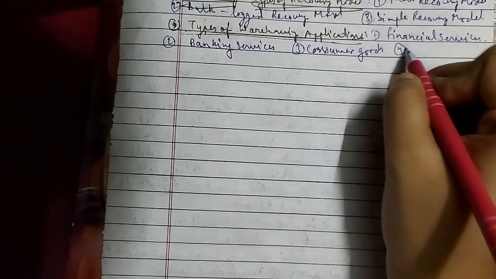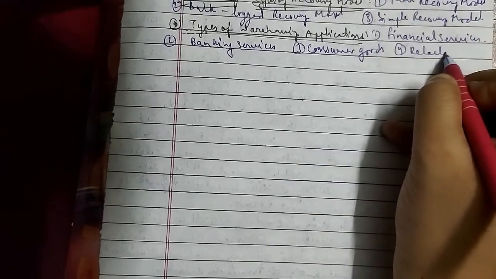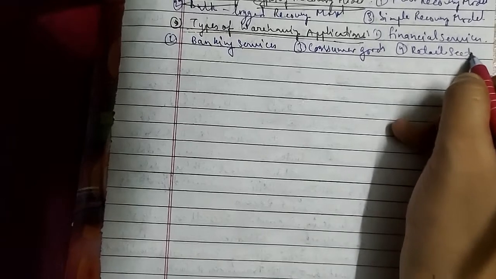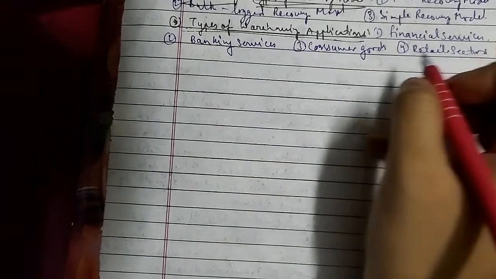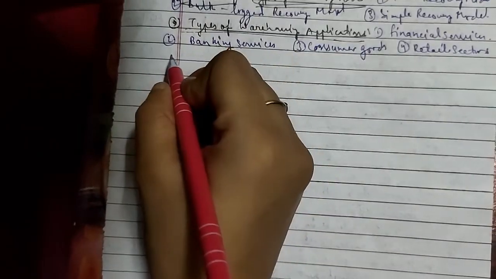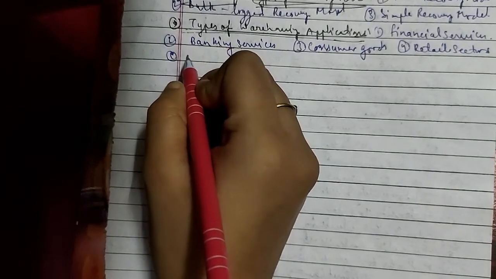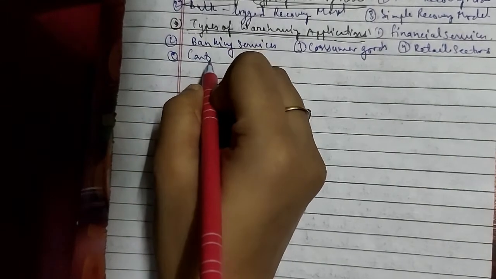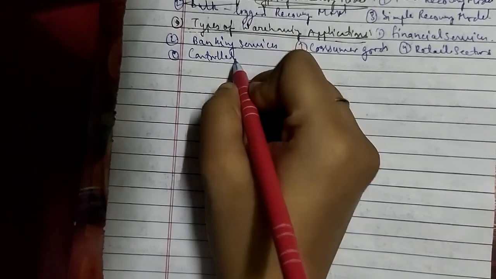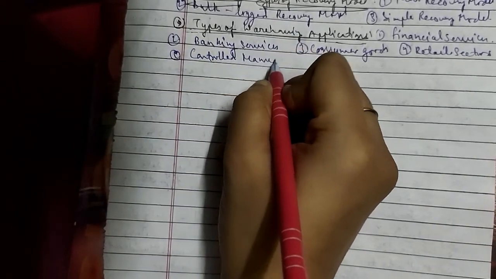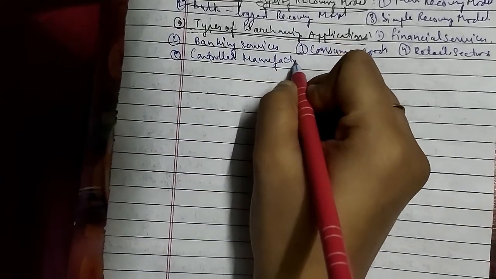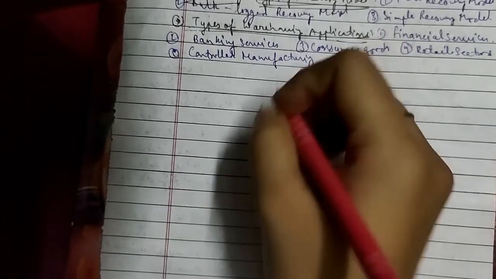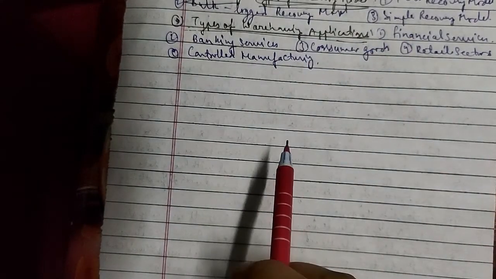The fourth is the retail sector. The fifth is controlled manufacturing.